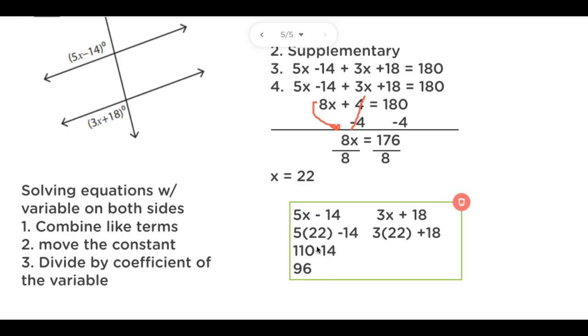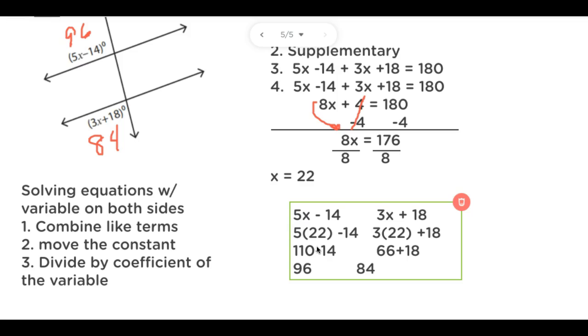We got 3 times 22, which is 66, easy math, plus 18 gives you 84. So the measurement of our first angle is 96, and our second angle down here is 84.